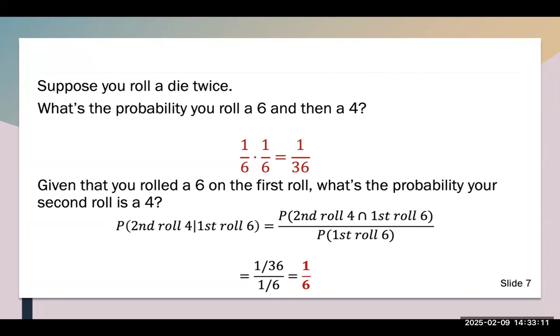That's because the first event does not influence the second event. So when you have independent events, the probability of A given B is just the probability of A. B wouldn't affect what's going to happen in the second roll.